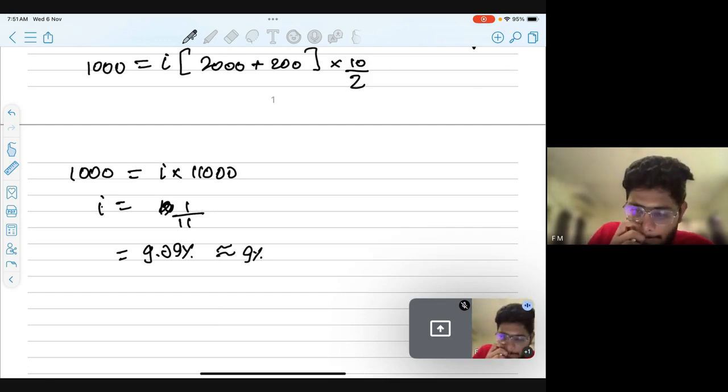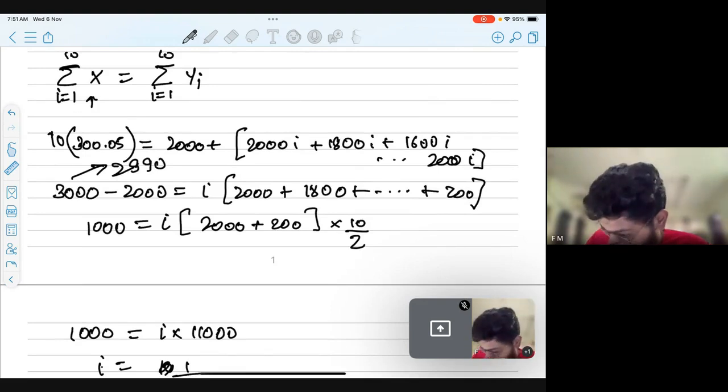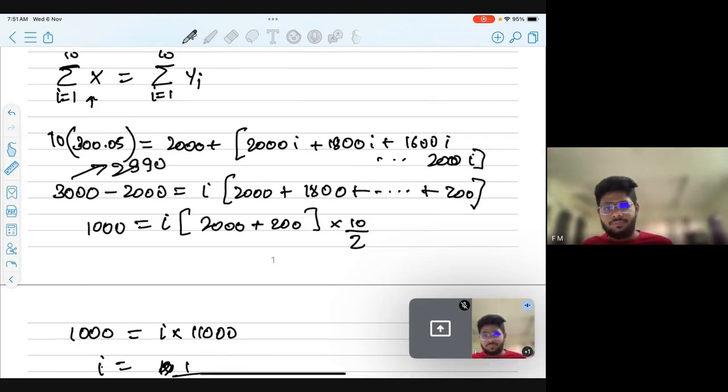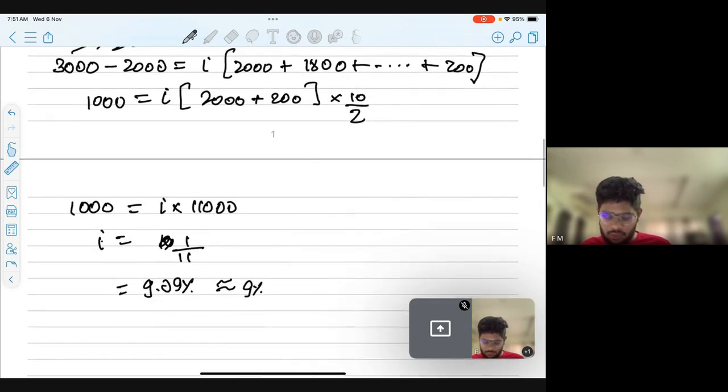This, by the way, from first principles is coming out to be 2990. So what you have to equate matters, no?